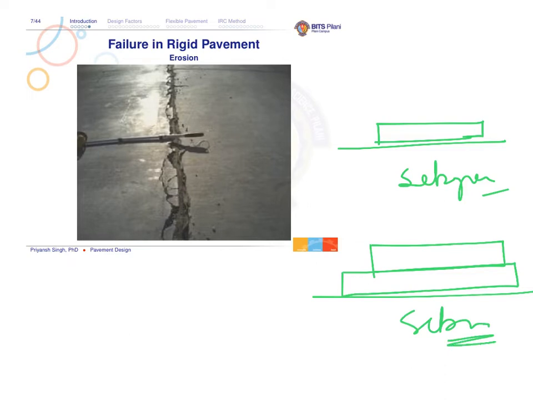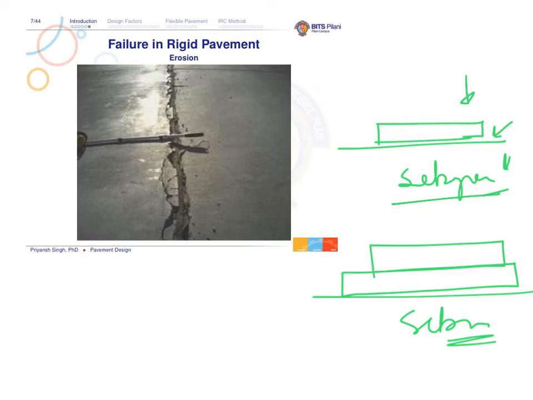So in case subbase middle layers are not present and ultimately the rigid pavement is constructed over the subgrade, the reduction in the strength of subgrade will result in failure in the pavement.